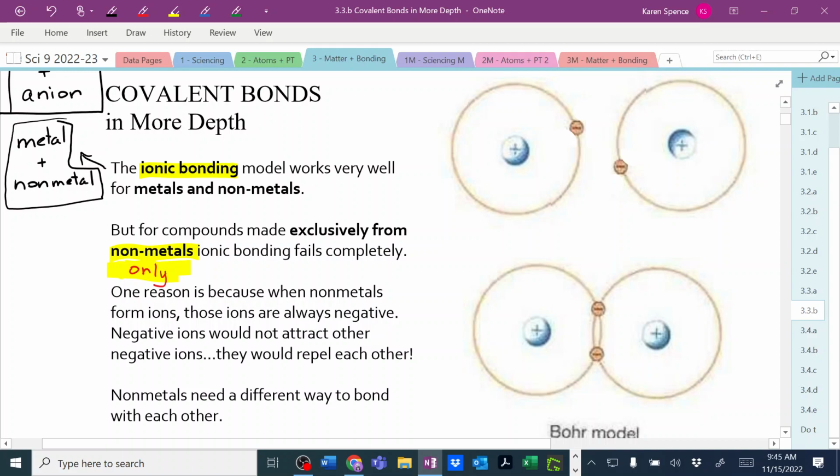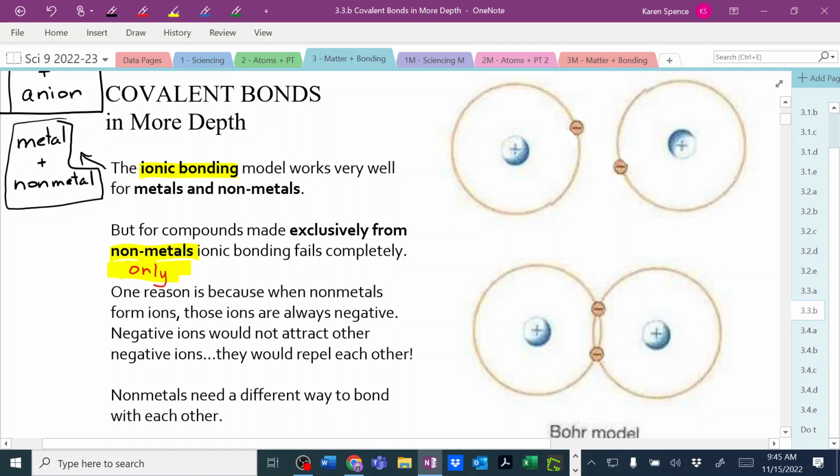They're electron takers. Can you imagine what would happen if you tried to have one negative thing with another negative thing? What would they do to each other? They would repel. And in fact, that repulsion could lead to an explosion. So we're not going to have that. Nature says, no, I don't like having two negative things beside each other.